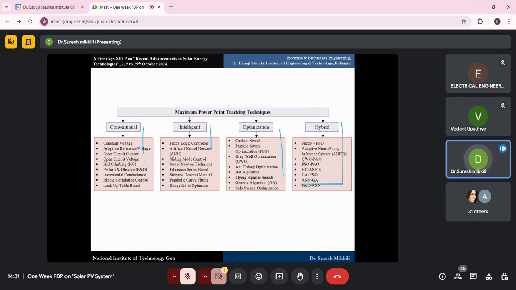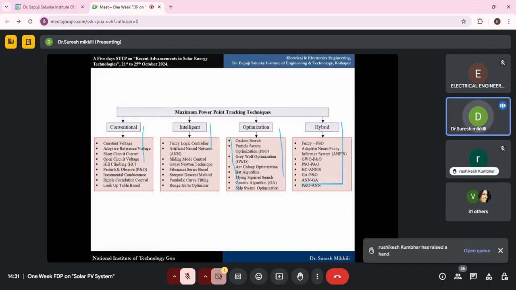Optimization is swarm optimization techniques. Okay, swarm intelligence, that is particle swarm optimization, gray wolf optimization, ant colony, bat algorithm, genetic algorithms, cuckoo search. So these all come under optimization techniques. Now hybrid means a combination of any two can be taken and the hybrid can be made.